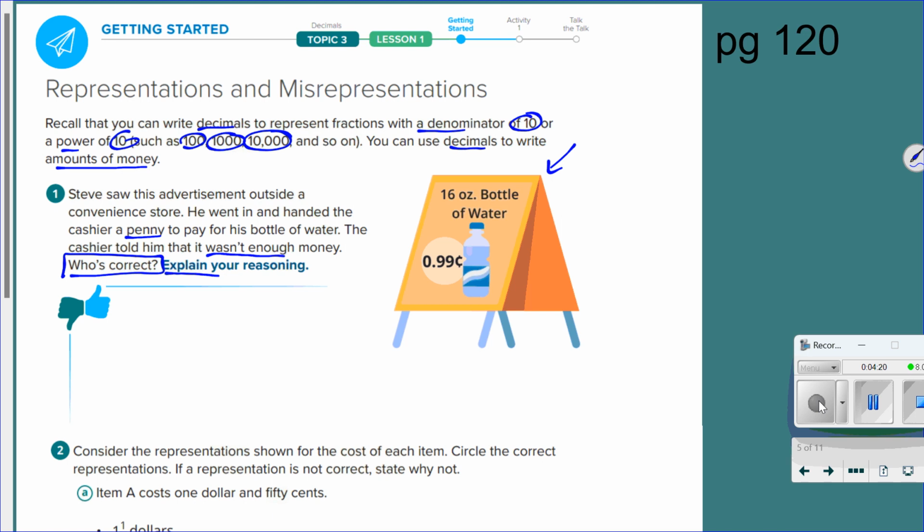Why is Steve right, Kier? Sammy? Okay. Why, Elijah, why is the cashier right?